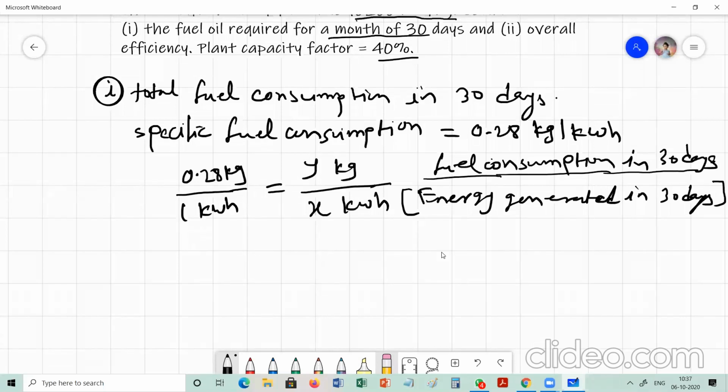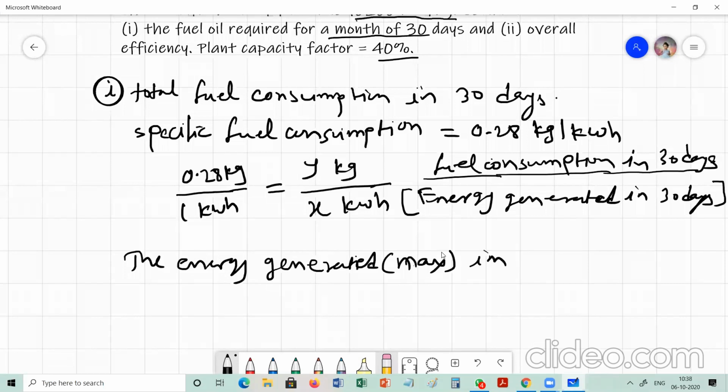We will see how. The energy generated, this is the maximum energy generated in 30 days.